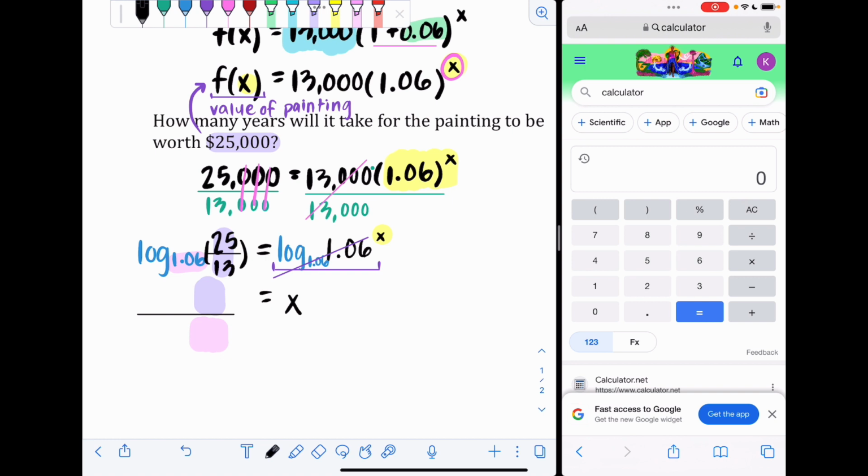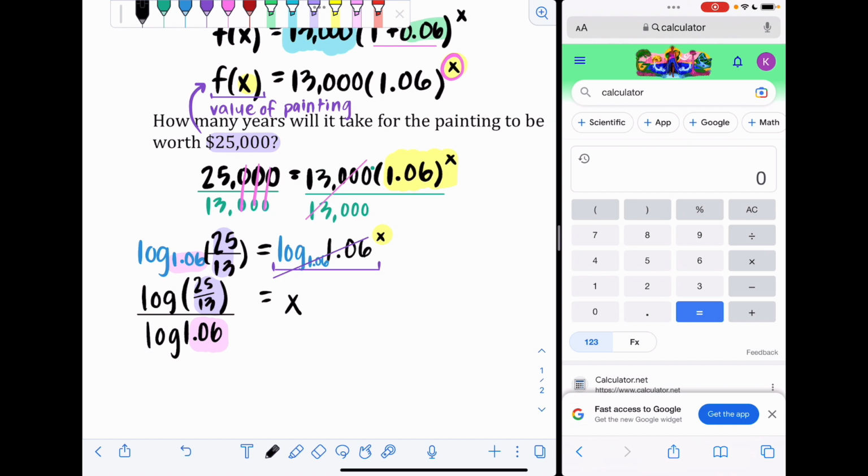We're going to change it to common log, though you can use natural log too. So it'd be log of 25 over 13 in the numerator and log of 1.06 in the denominator. It's really ugly, but it's not really our problem. It's the calculator's problem to figure out. We just have to know how to type it in.